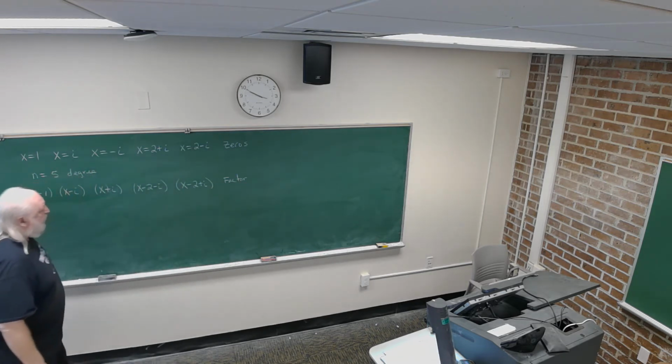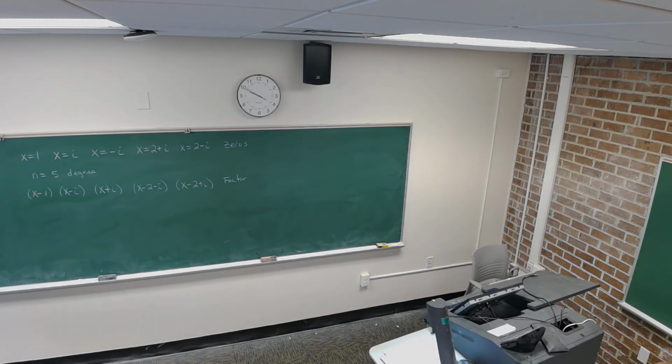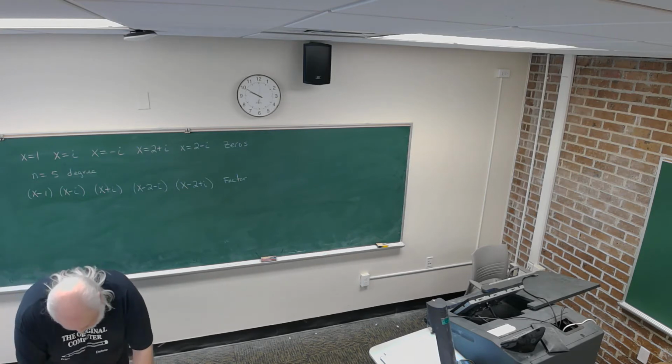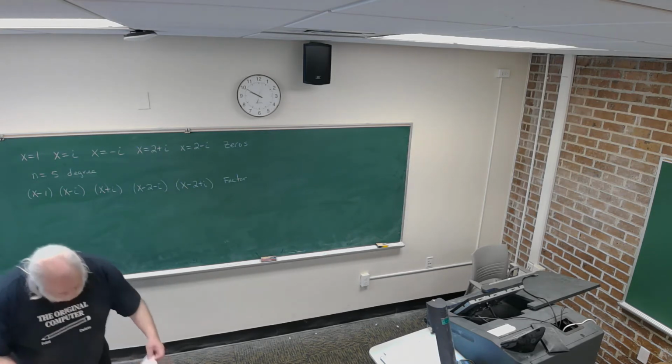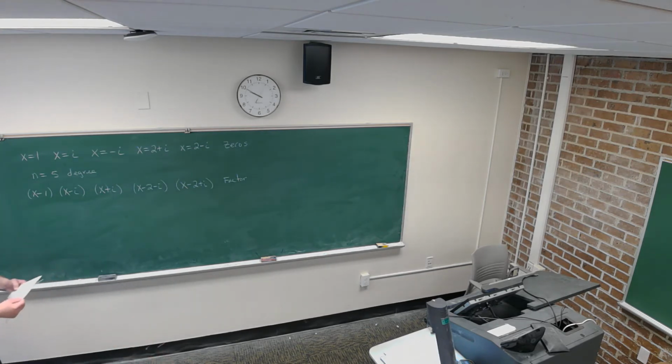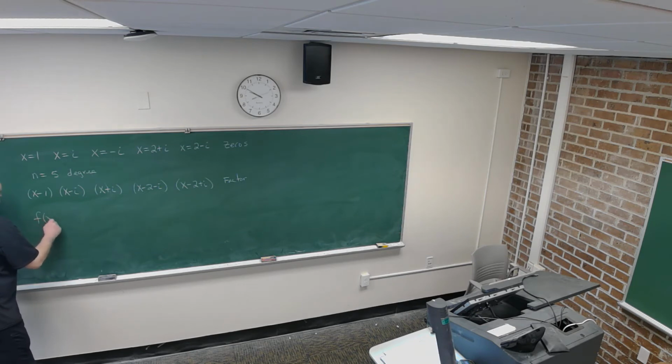So those are the factors of our polynomial of degree 5. It says find a polynomial of degree 5.